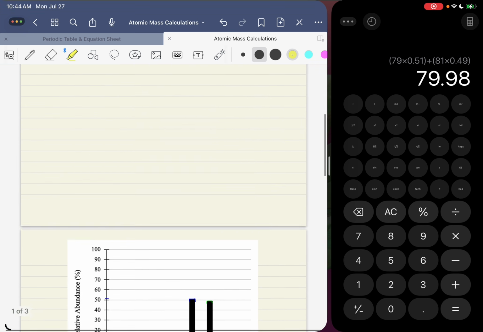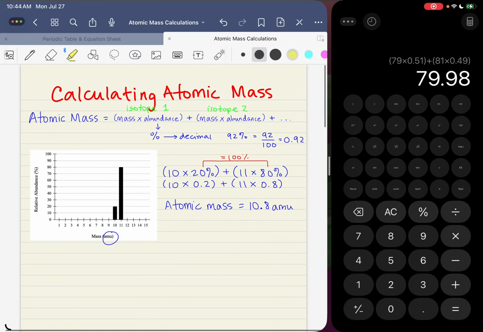I'm going to show you actually one more thing. I'm going to go back up to this one. So in the reading, it talked about the most abundant isotope. So in this one, the most abundant isotope is this 11 isotope because it has a higher abundance. And it also talked about how the atomic mass, because it's a weighted average, is going to be closer to that number usually.